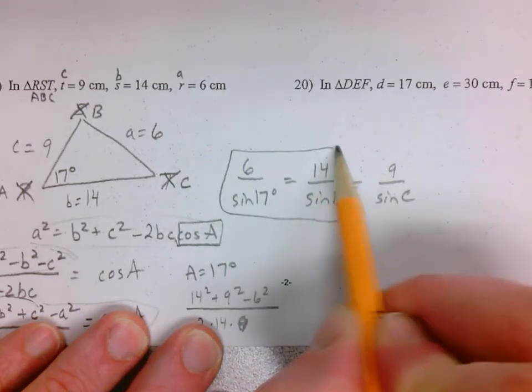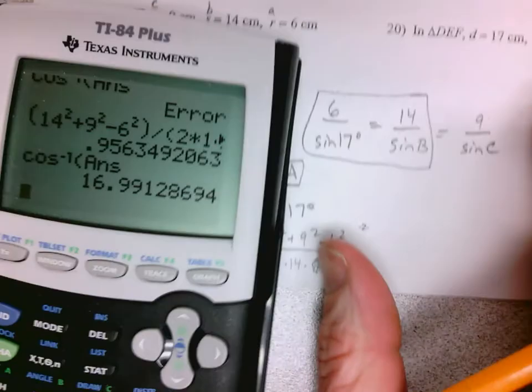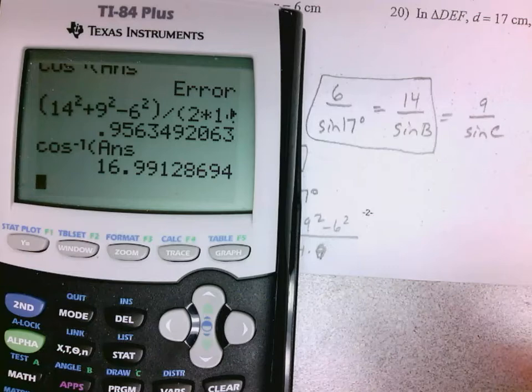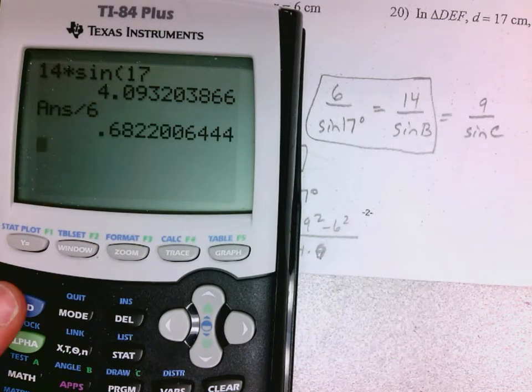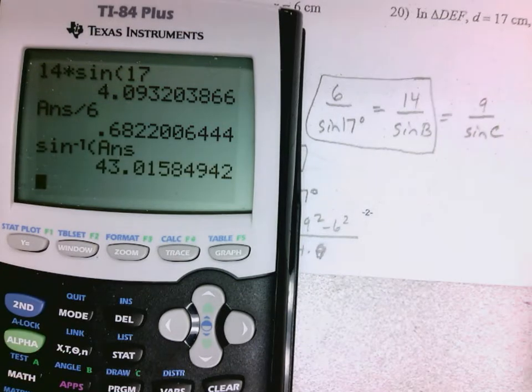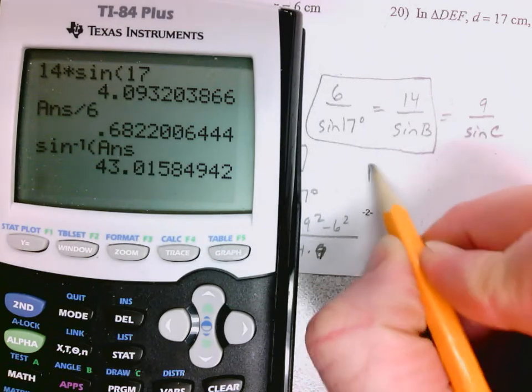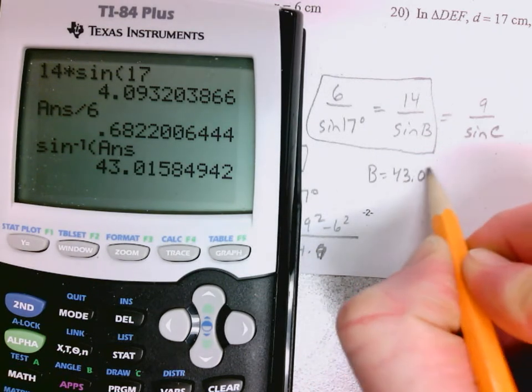So let's just look at these. Calculator again. Remember, you're finding angles, so you're going to do second. So 14 times sine of 17 divided by 6. Now do second sine of that: 43 point something. So B equals 43.0.